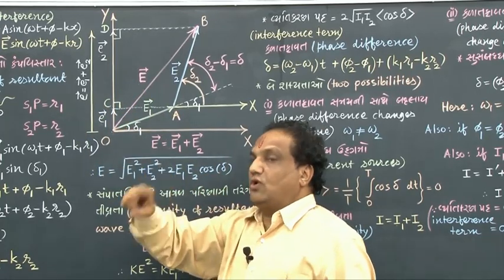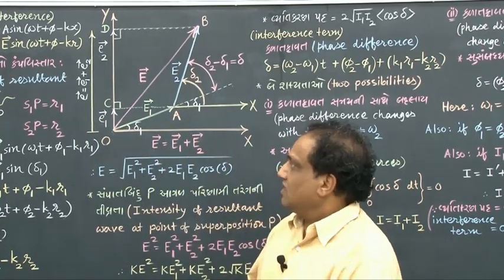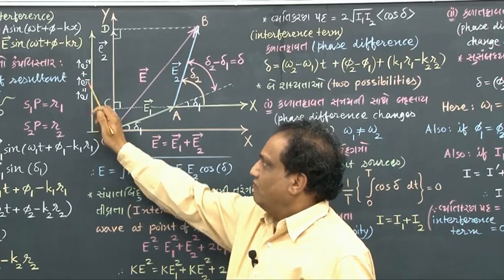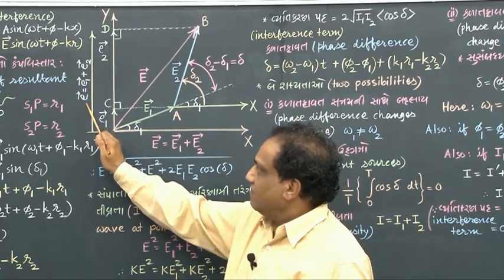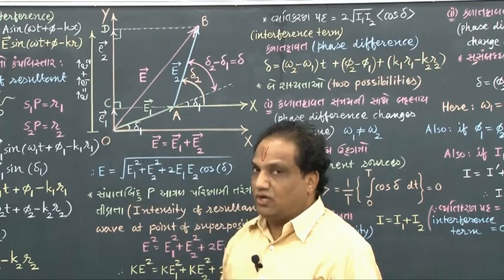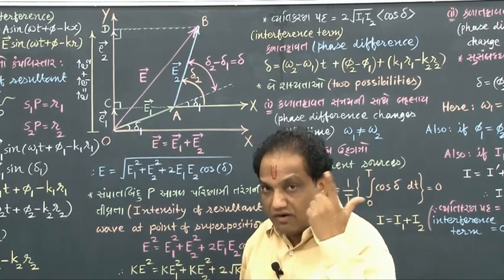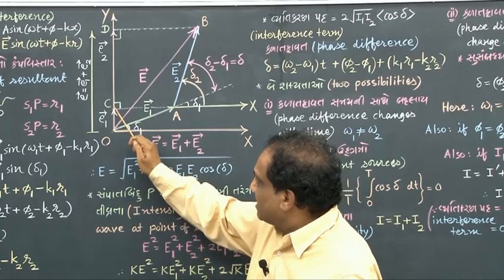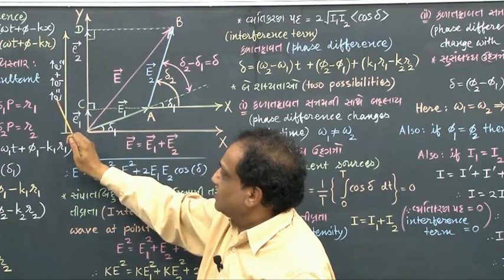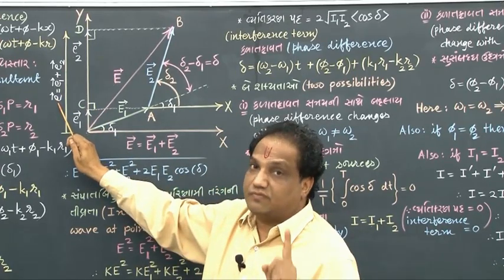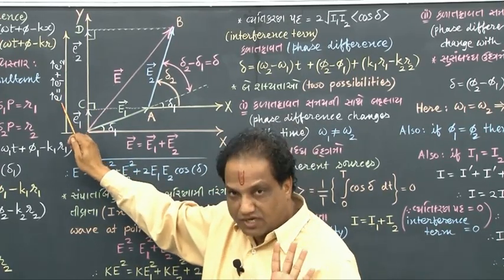And don't you know, according to principle of superposition, resultant displacement will be equal to vector addition of individual displacements. So vector E equals to vector E1 plus vector E2. So this vector plus this vector will make this vector, vector OD, which is nothing but resultant displacement, vector small e. Got it? Fine.